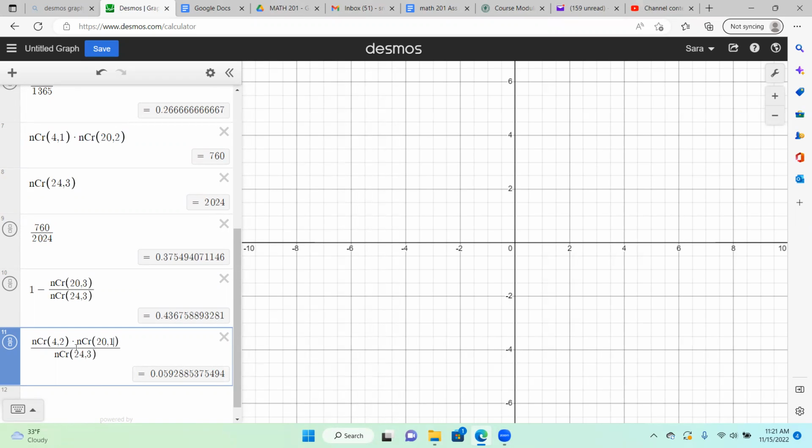And then if we want to find the probability that 3 are defective, that means that we're going to have 3 defective and 0 over here because they have to add to 3. So that's 0.0020.